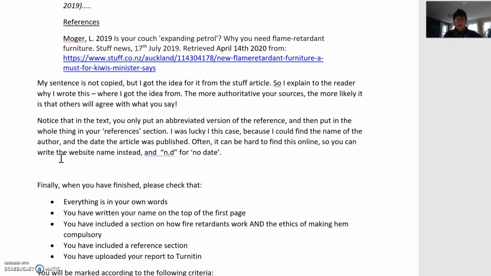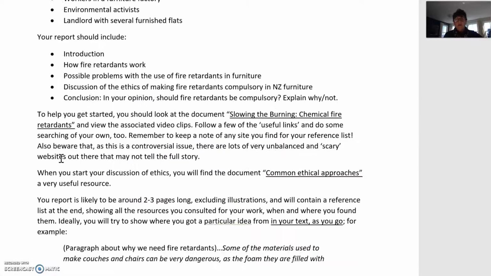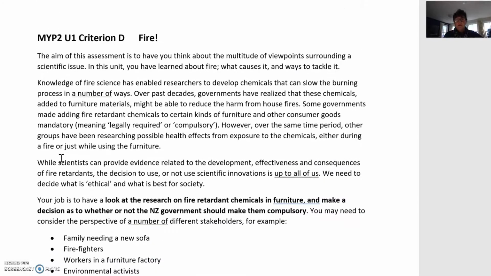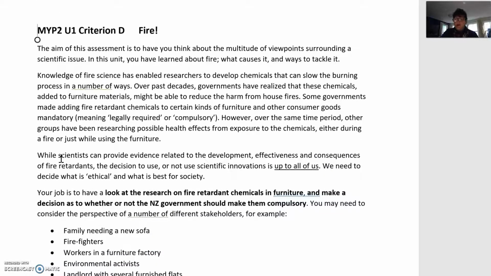Okay, so that's your task over the next 2 weeks, well, till the end of next week anyway, is to work on this report, assuming that you've finished your criterion B investigation. Then working on this one is what I would like to see you do and we'll see how we go.